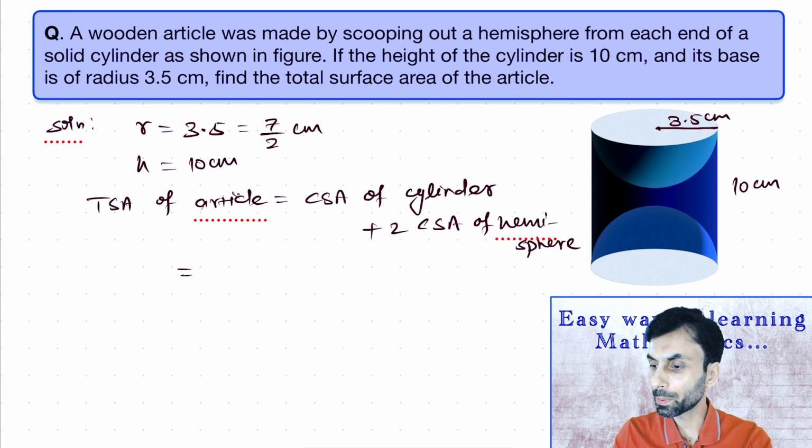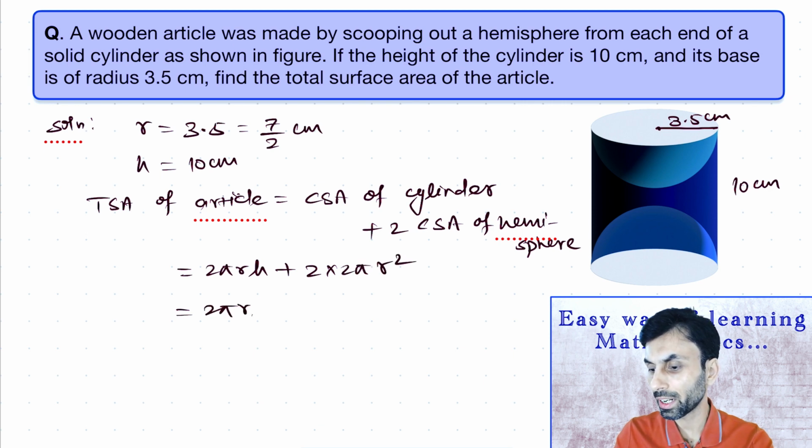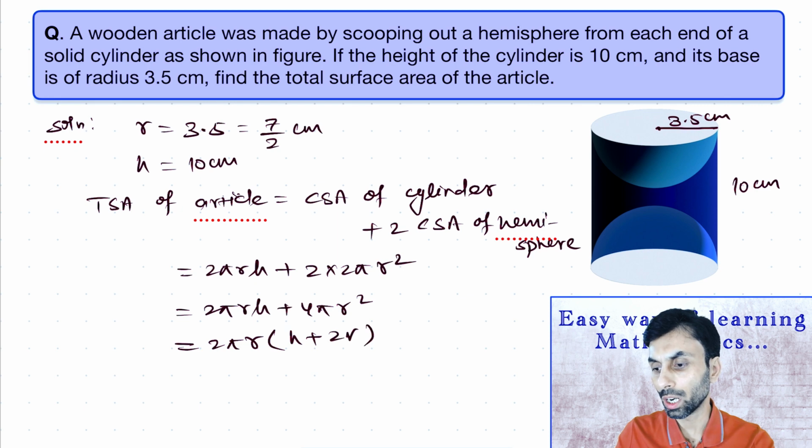Now the curved surface area of cylinder is 2 pi r into h, and plus curved surface area of hemisphere is 2 pi r square, so it will be 2 into 2 pi r square. It will become 2 pi r h plus 4 pi r square. Here we can take 2 pi r common, it will be h plus 2r.